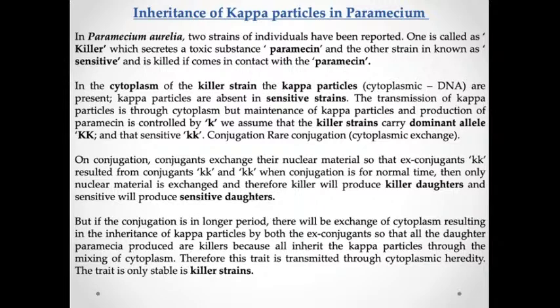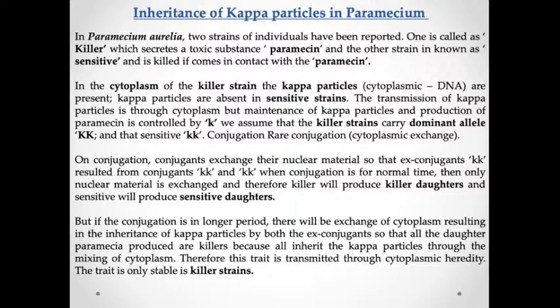The other strain is sensitive, which is killed if it comes in contact with the paramecin. In the cytoplasm of the killer strain, the kappa materials, cytoplasmic DNA, are present, and they are absent in the sensitive strains. They are not present in the sensitive strains at all.